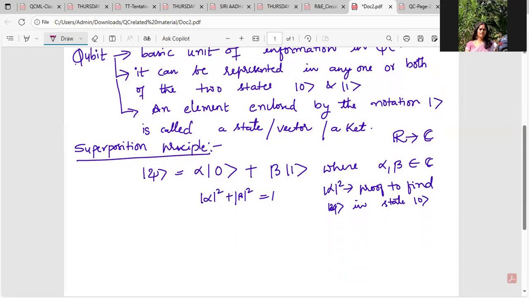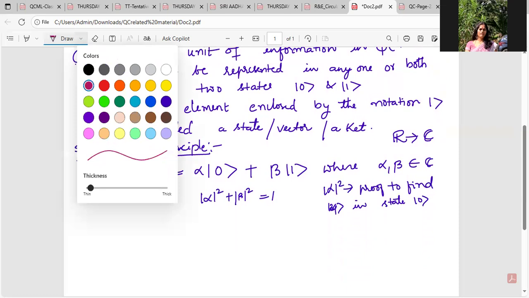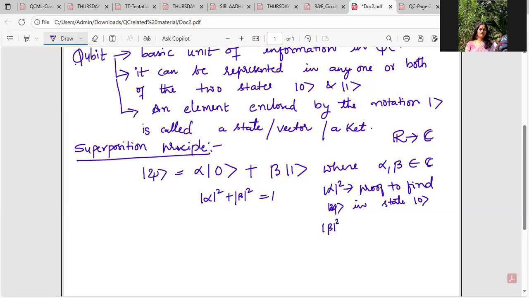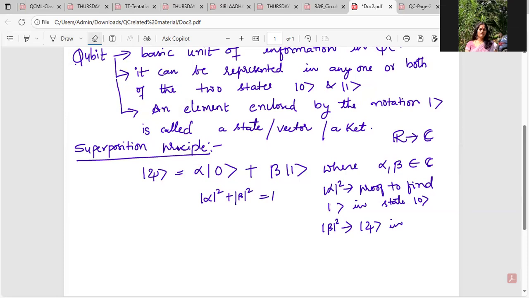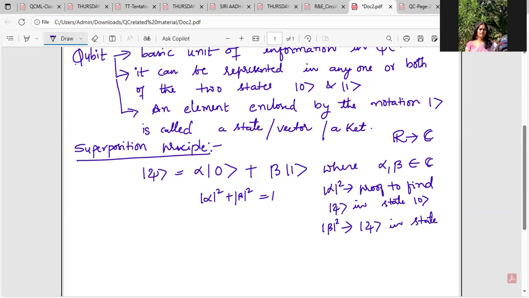Mod alpha square is the probability to find ket xi in the state ket 0. Of course, mod beta square again is the probability to find ket xi, it's not ket alpha, it is ket xi, in state ket 1.